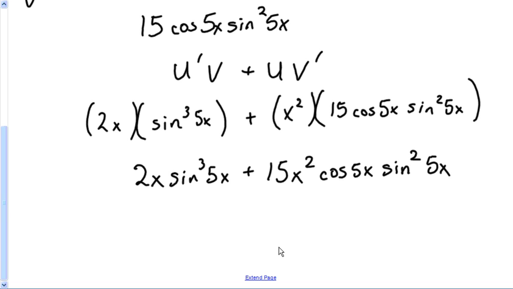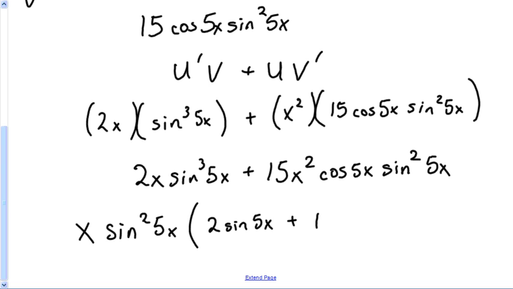We could factor out x, and we could factor out sine square 5x. We could do that and be left with 2 sine 5x plus 15x cosine of 5x.